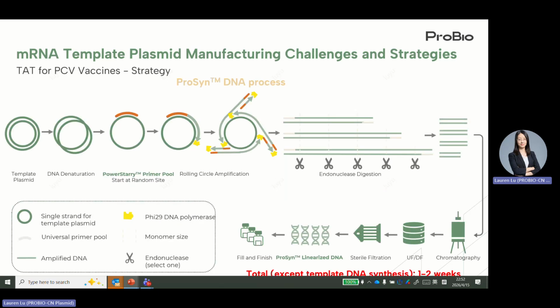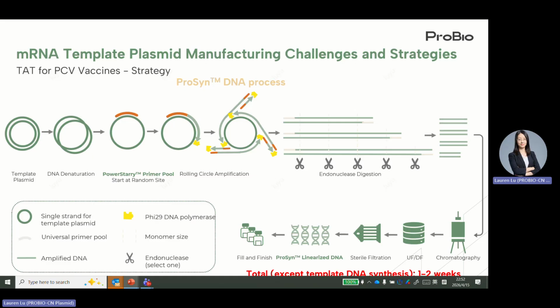So in order to solve this issue, ProBio developed cell-free DNA synthesis technology. We call it ProSyn. So ProSyn is for linearized DNA production. Our proprietary ProSyn technology utilizes rolling circle amplification, RCA. There's no cell banking and no fermentation process, which simplifies the whole manufacturing in a very rapid way, and we can finish this in just 2 or 3 days.